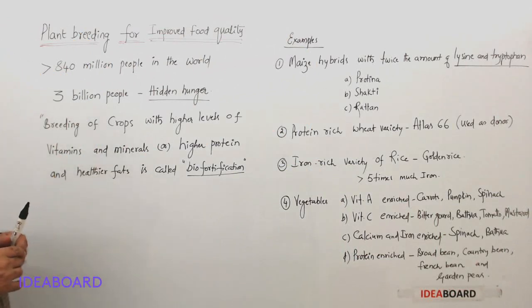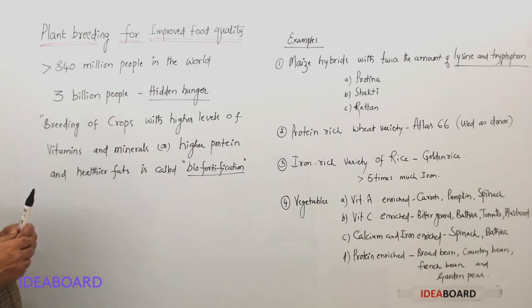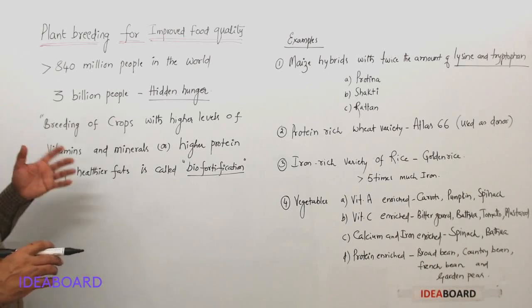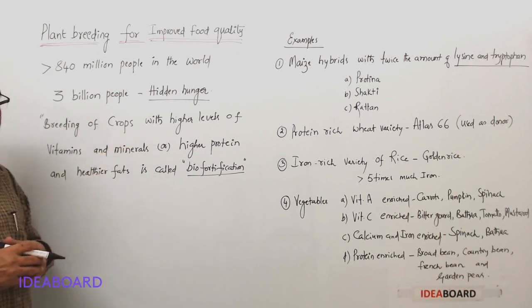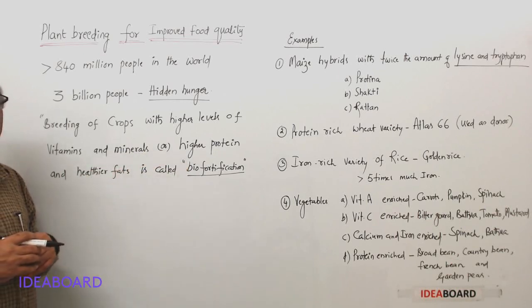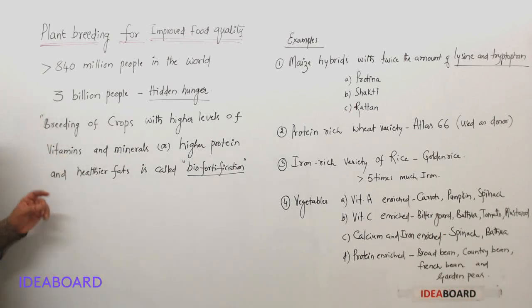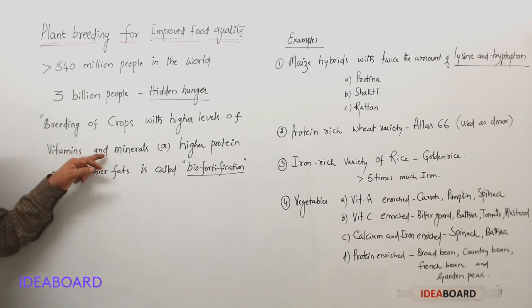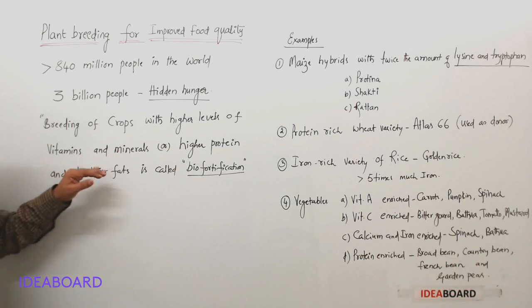That's why these plant breeders have got an aim to develop varieties with higher amounts of vitamins, minerals, and high protein and healthier fats. And this is called biofortification. So you just memorize this definition of biofortification: breeding of crops with higher levels of vitamins and minerals, or higher protein and healthier fats, is called biofortification.